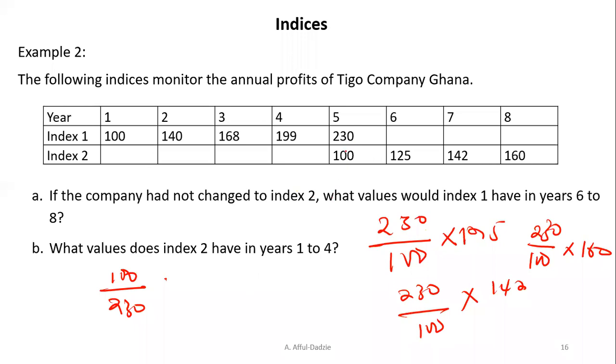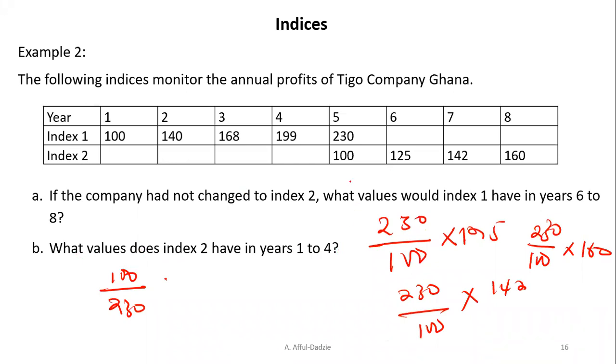You are taking 100 on 230, and you are taking year 1. I thought we are talking about year 5. Oh, so we are at B point. So we are only trying to compute the values at 1 to 4.